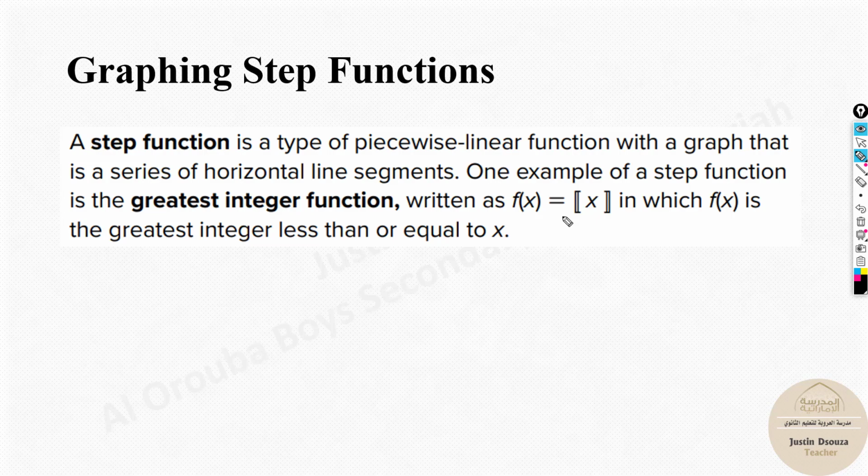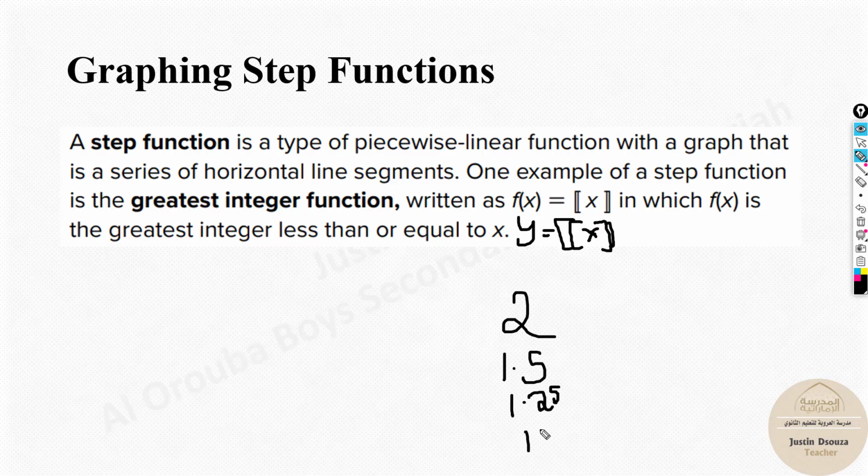Now the greatest integer function means, say I have values of 2, 1.5, 1.25, 1 and 0.5. If I have the equation y equals step function of x, and I put in 2, is 2 an integer?